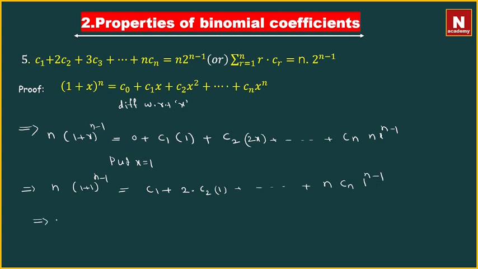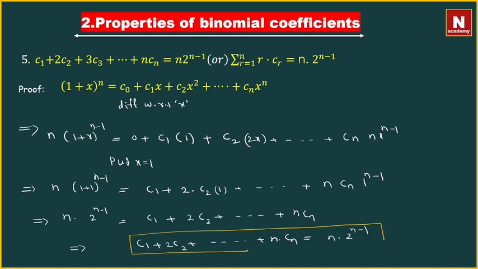That implies n into 2 power n minus 1 equals C1 plus 2C2 so on n Cn. Finally, the result is C1 plus 2C2 so on n into Cn equals n into 2 power n minus 1. This is property number 5.